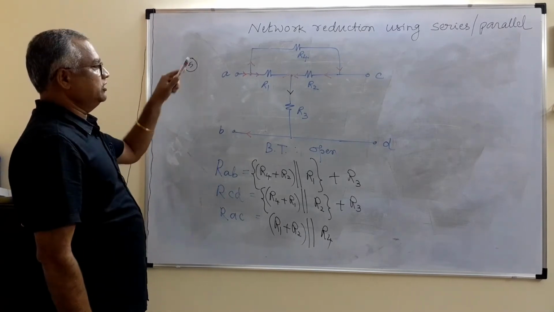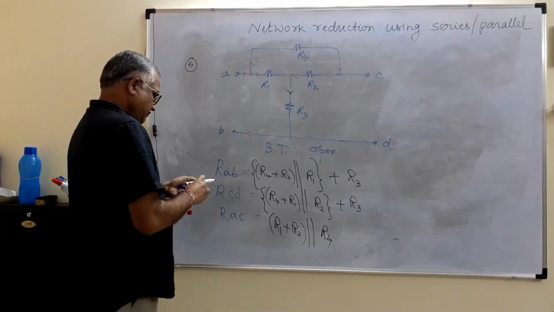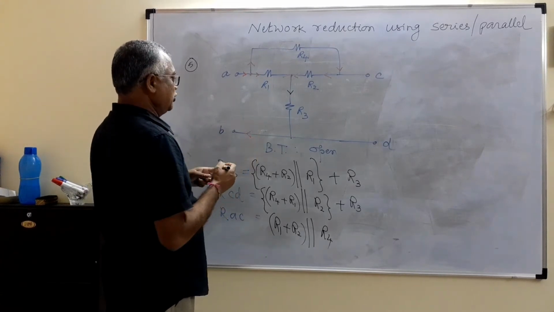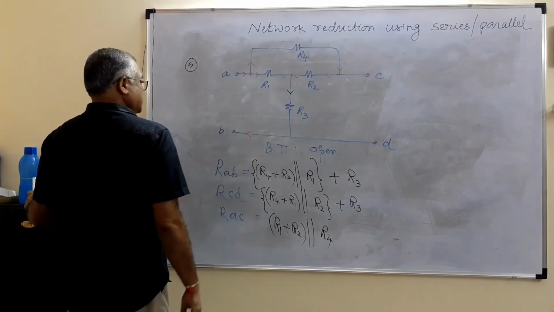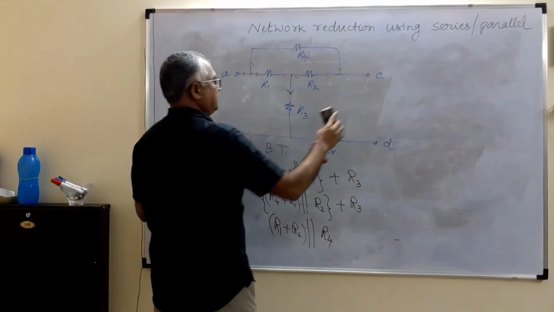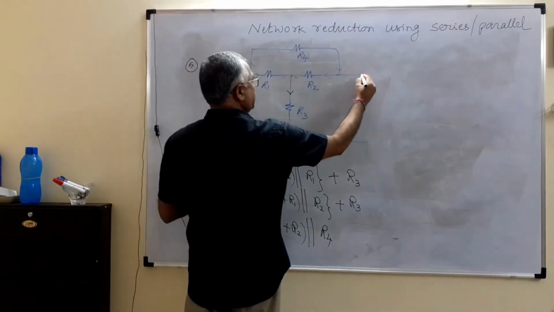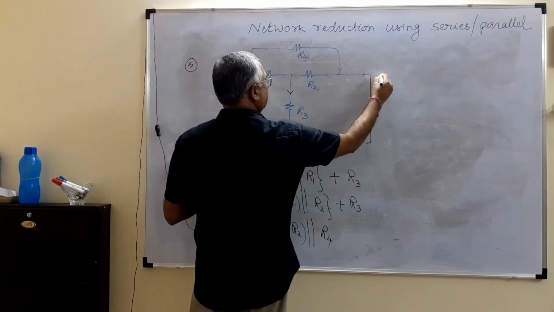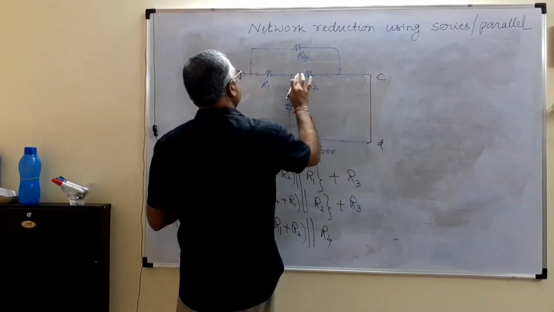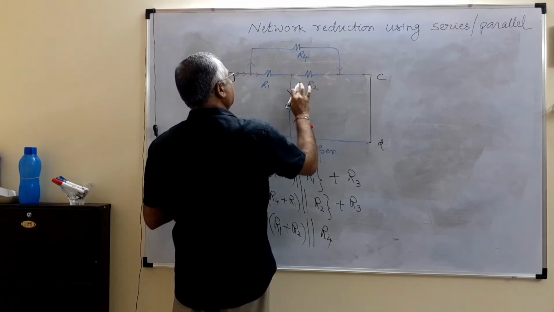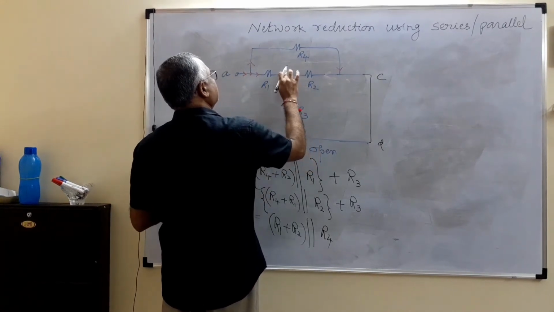Why I am solving all these problems is, if I solve all these models, you can understand series parallel in a better way. If CD is short, now how to answer this?